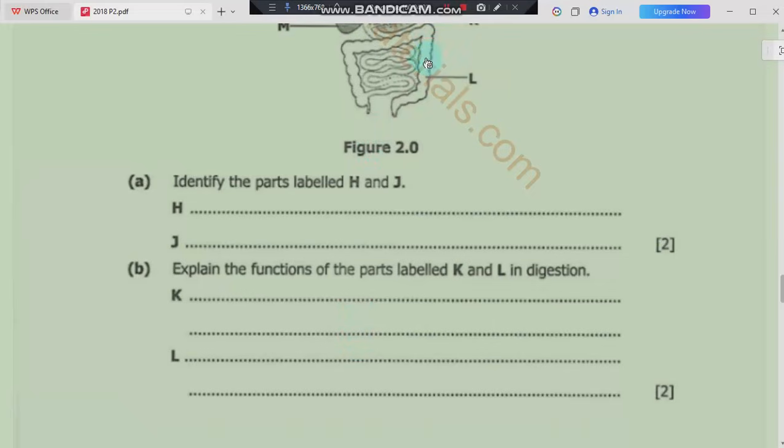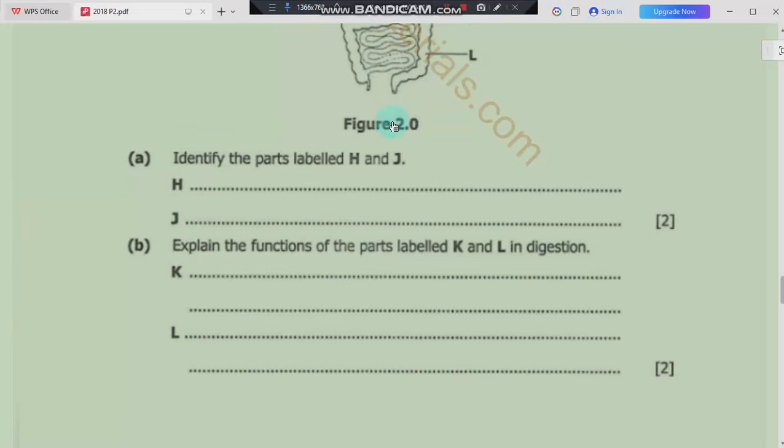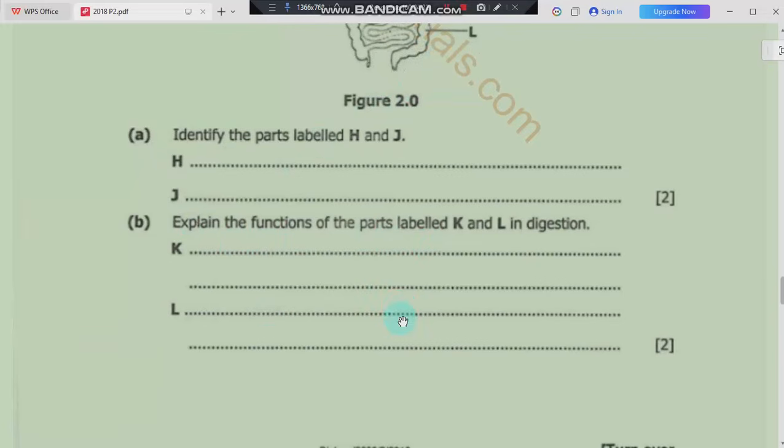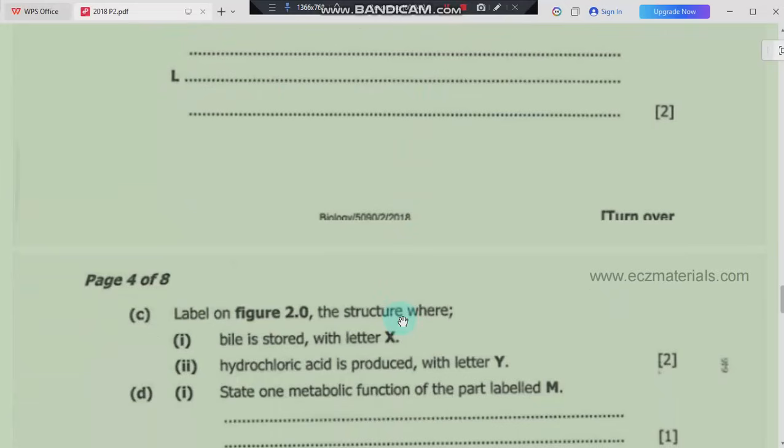It is here that the food you do not digest is stored, and it mixes with bile, and then it comes out through the anus as fecal matter. So part K produces pancreatic juice. Part L helps in the storage of undigested food substances, as well as in the reabsorption of water. So you're done with the functions of those parts labeled K and L.